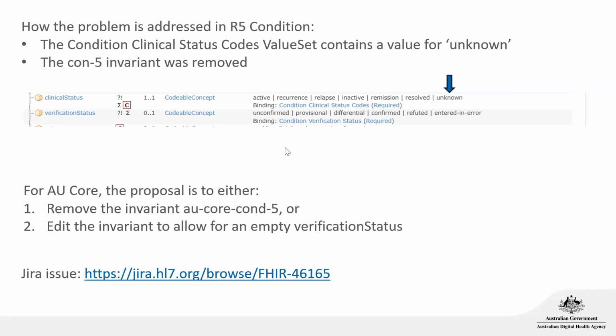So that was my initial proposal, but I don't know the background for the inclusion of this invariant. So I'm also happy if that specific case of verification status not being entered in error is important to call out, then that also will work for my use case.